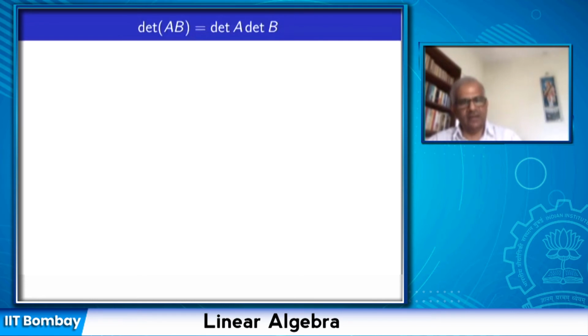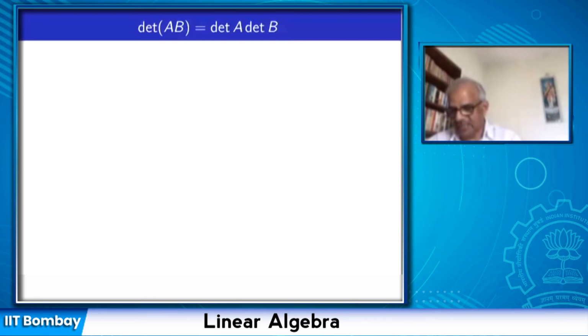Now, I want to give you a conceptual proof, without computing the determinant, that the determinant of a product is the product of determinants. We will simply show that the two sides are determinant functions on n by n matrices. A and B are n by n matrices, and AB is an n by n matrix.